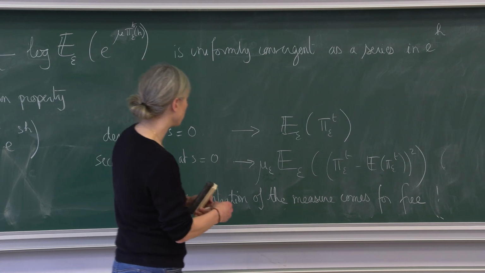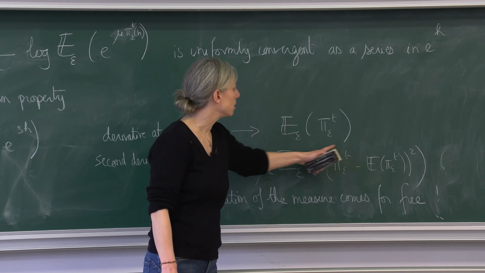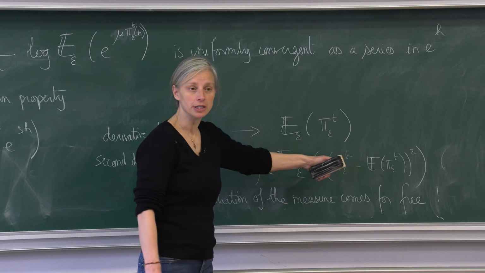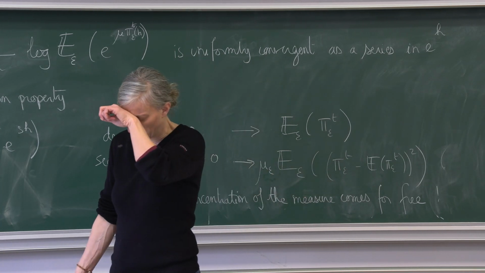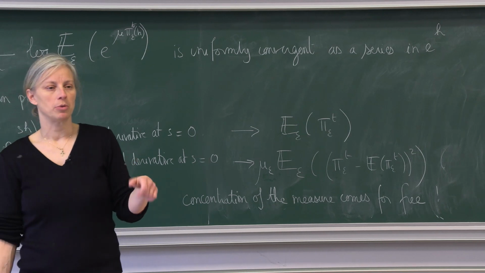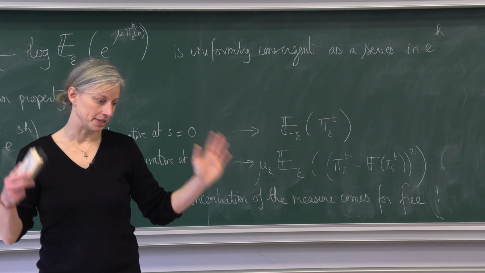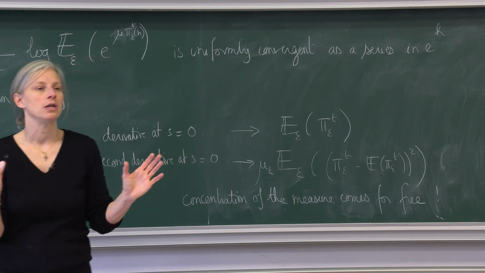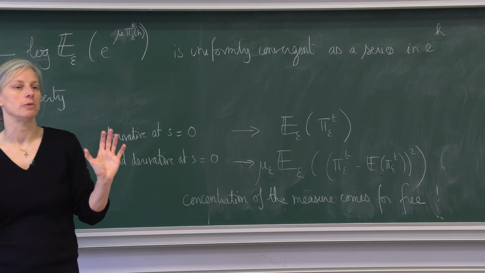So maybe what I should say is that if you look at the initial time, this error here is not epsilon to the d minus 1 over 2, but epsilon to the d over 2. So the size of the fluctuation at the initial time is much less than the dynamical fluctuation.